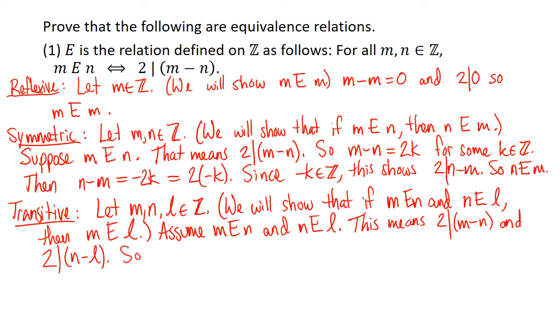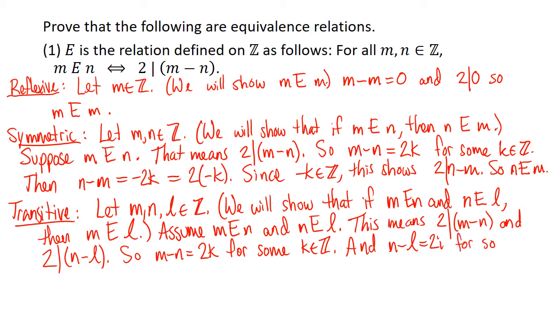If these are both divisible by 2, then M minus N equals 2 times K for some integer K. And likewise, for the other one, N minus L equals, I have to use a different letter now, so I'll call it I, 2 times I for some integer I. Okay, now how am I going to get M minus L?